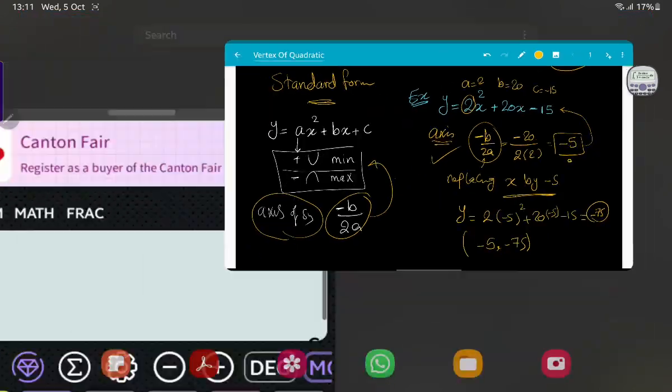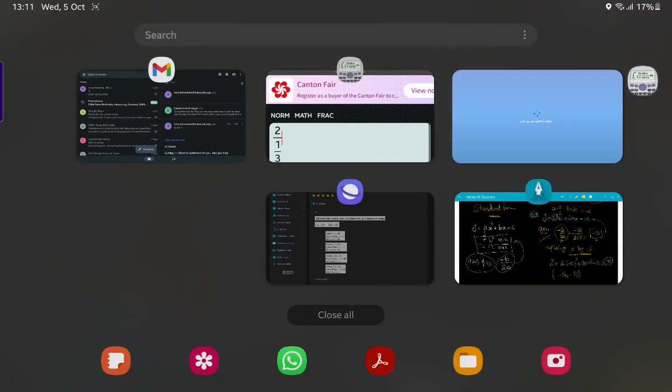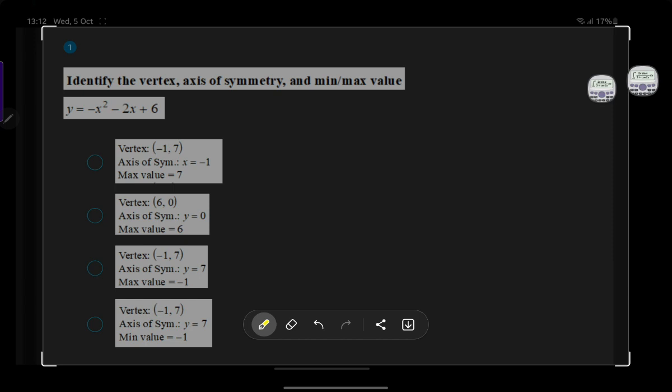We can use one of the questions in your assignment. This is the first question in your assignment. So I need you to remember the steps. Before we start, you should look at the question and keep in your mind that you need the vertex, which is axis of symmetry, and minimum or maximum value.